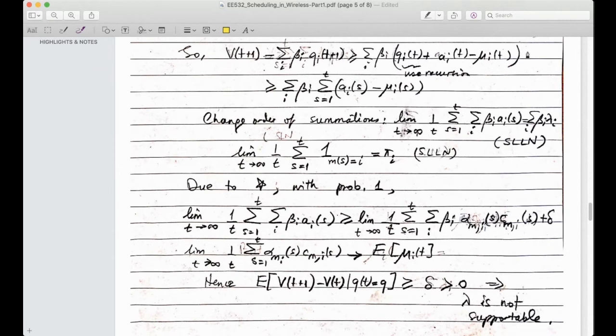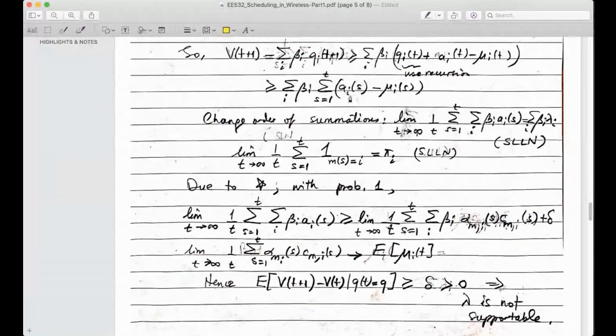Then we can use recursion to write again q_i(t) in terms of q_i(t-1) and so on. And we can show that this summation can be written as this summation.